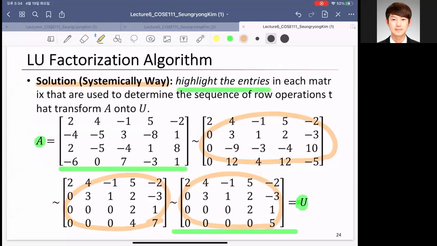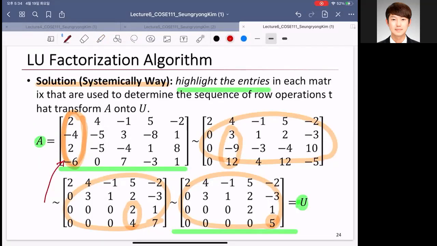To row reduce the original matrix A, first of all, we have to consider here in the first step, right? And after that, we have to consider this term, right? And then we have to further consider this term and this term, right? Why do you have to consider this column when you row reduce the original matrix A?